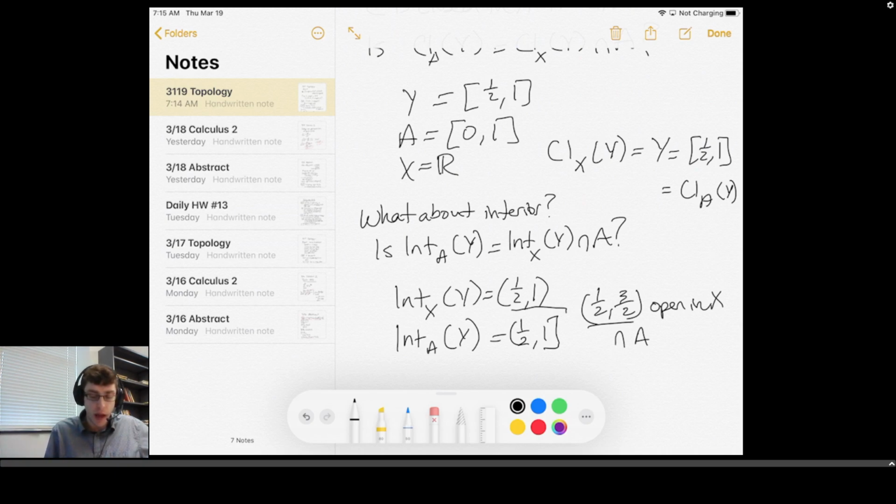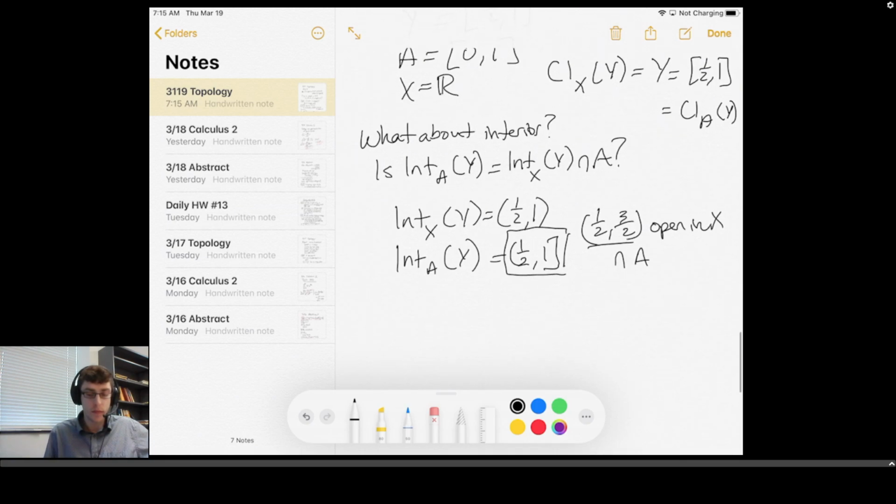I do intersect it with A, and so I get this, which lies in Y. This is what I'm claiming is the interior. Yeah, so in this case, we see different results. So one has the point included, and so here we might guess that in general, maybe we have this inclusion, but not the other one. That would be a guess. So let's actually try to prove these things.